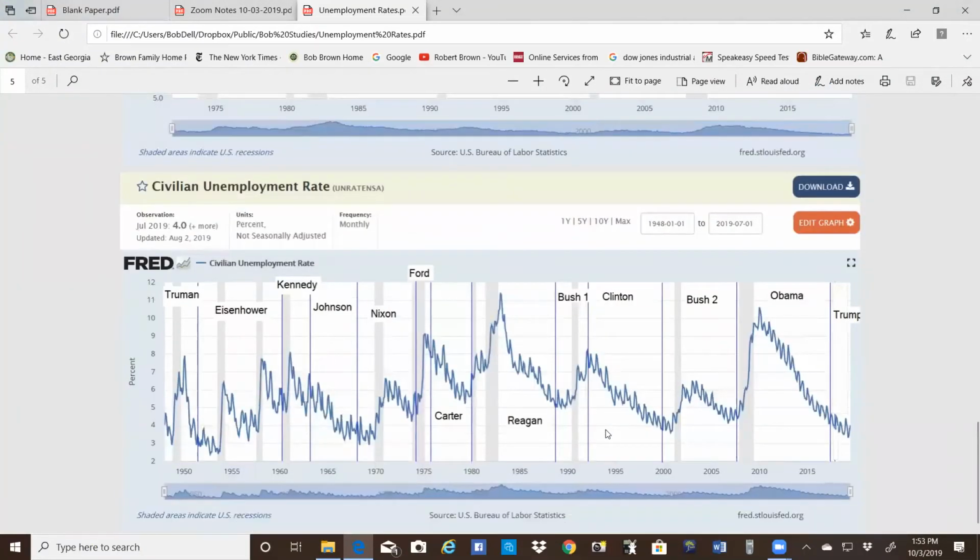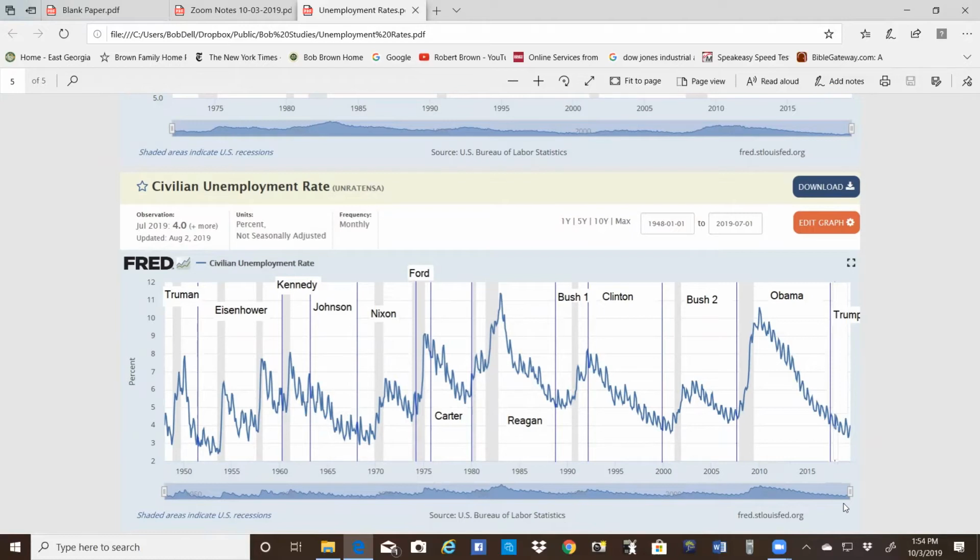So I went back all the way to 1950 and looked at the unemployment rate, which you can get. This is what the government publishes.